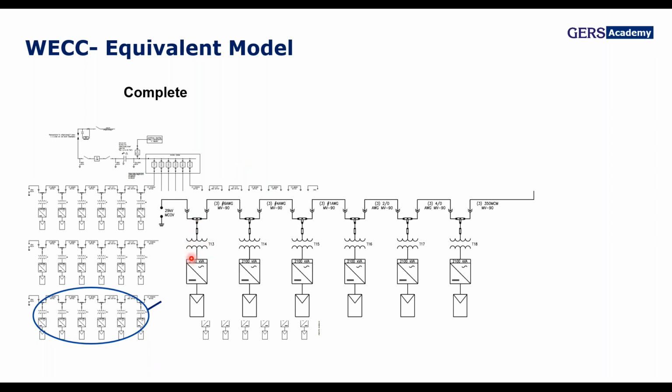In each feeder, you have different configurations for the inverter and the PV panels, interconnected through a transformer that elevates voltage from 600 volts to 13.2 kilovolts. As you can see here, there are different sections for the conductors, depending on the amount of power that flows through the conductor.